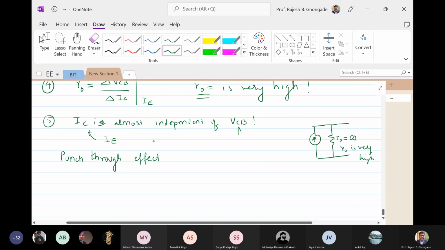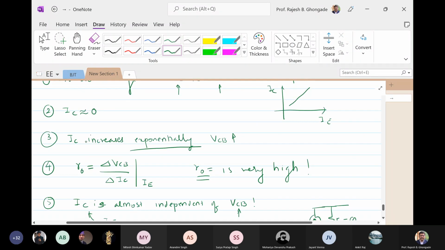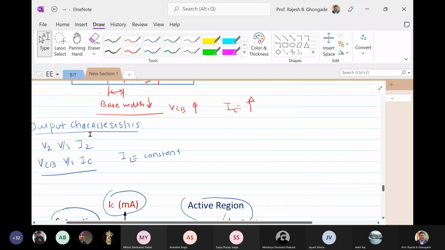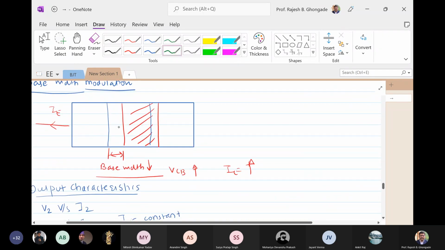Why does this happen? It will happen because if I increase the reverse bias, देखो हम collector base junction को reverse bias ही कर रहे हैं, and if I increase the value to a larger extent, तो मैं क्या कर रहा हूं इधर? If I go on increasing the reverse bias, depletion region क्या होगा?